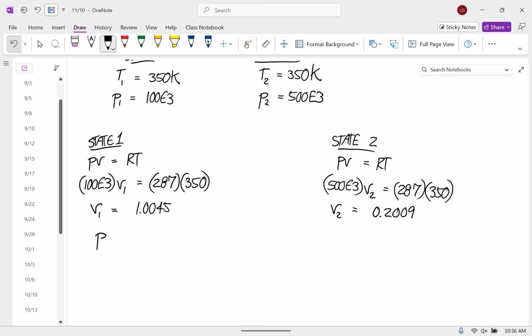So pressure is equal to 287 times 350 divided by the specific volume.